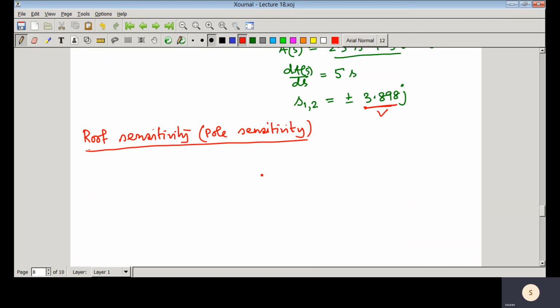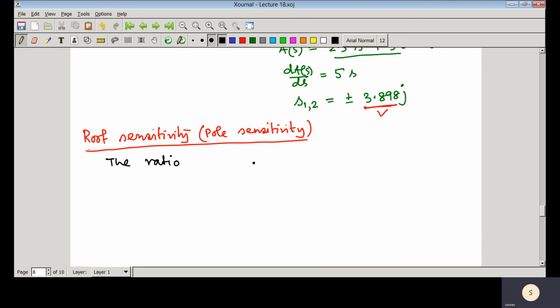So root sensitivity says that if there is a change in gain, what would be the change in closed loop poles? That ratio is called the root sensitivity. So the definition is this ratio.